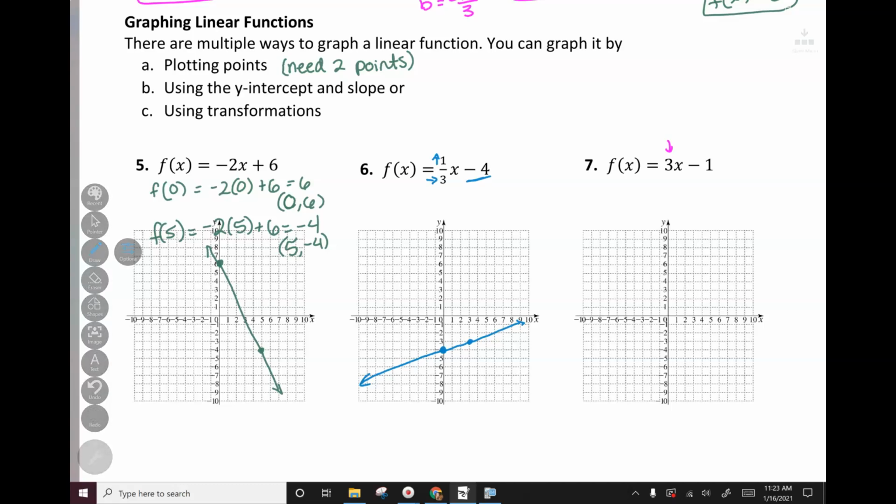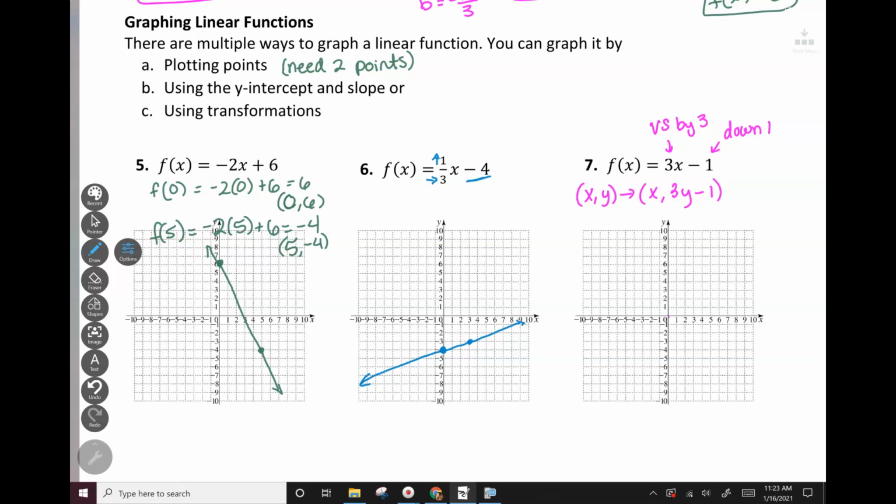The 3 is going to cause a vertical stretch by 3, which means you're going to multiply your y values by 3. So x comma y goes to x comma 3y. And then this minus 1 is outside as well, so that's going to make it shift down 1, which makes your y values decrease by 1.